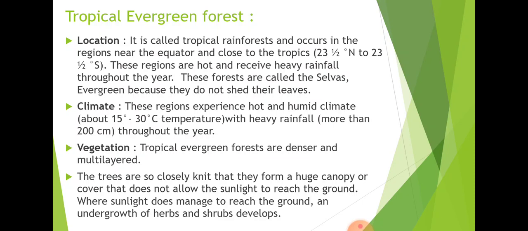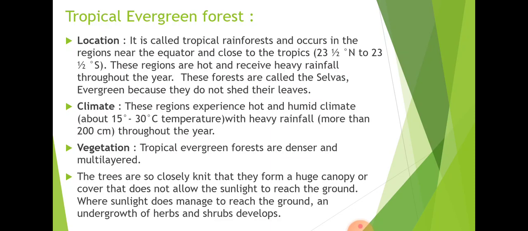Because of the rainfall, they are the densest and multi-layered. How are they multi-layered? Because some trees which are close to each other form a huge canopy. What is a canopy? It is the cover which does not allow the sunlight to reach the ground.